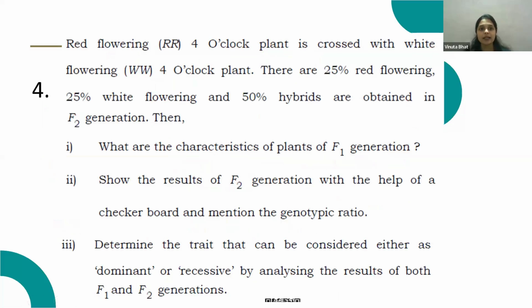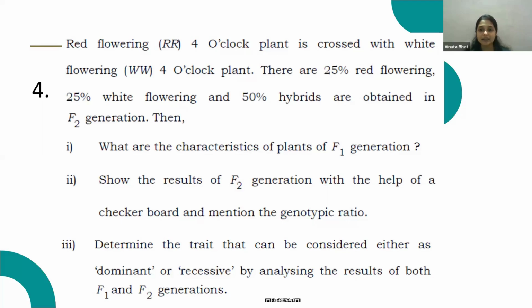Red flowering, capital R, 4 o'clock plant is crossed with the white flowering, that is capital W, 4 o'clock plant. There are 25% red flowering and 25% white flowering and 50% hybrids obtained in the F2 generation.